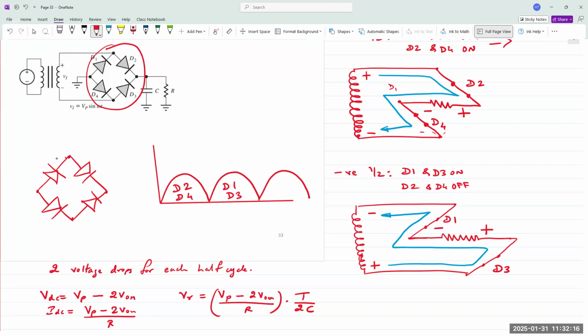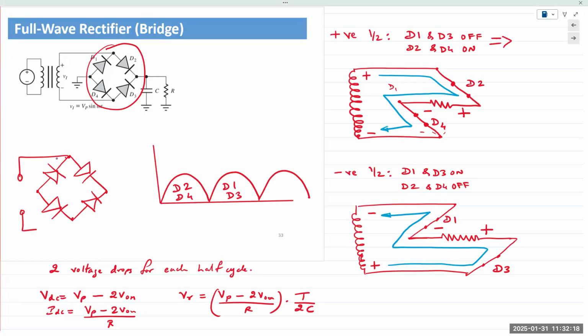So if you are building the circuit, V in goes where the anode meets the cathode. And the output is taken across the 2 nodes where 2 cathodes meet and 2 anodes meet.